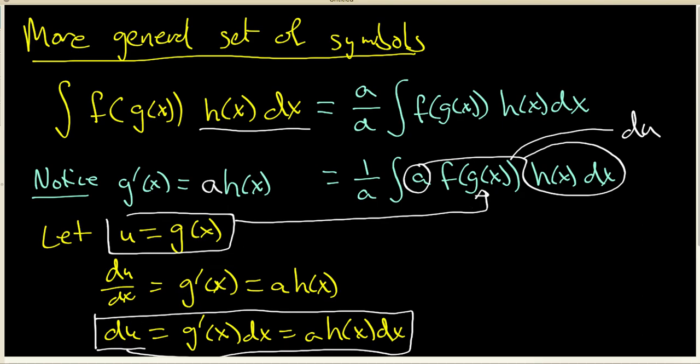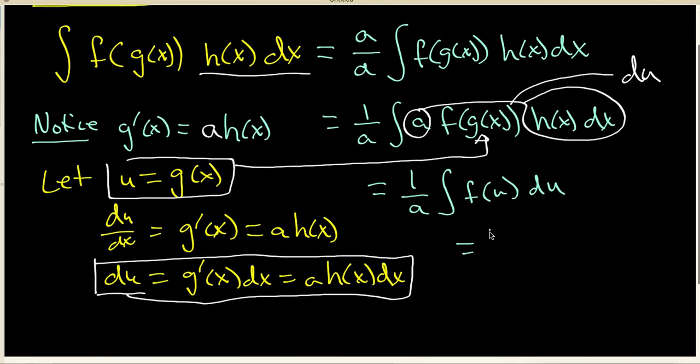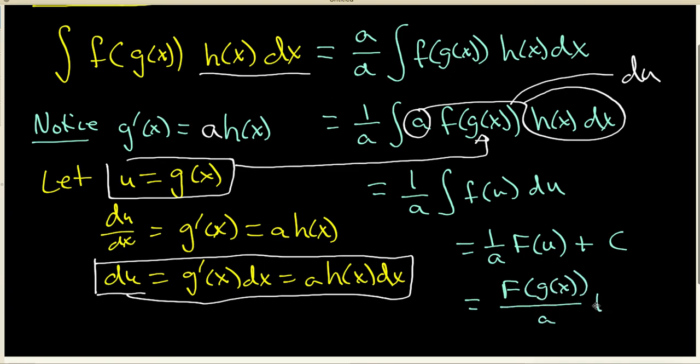When I do that, my integral becomes 1 over a times the antiderivative of f of u du. That goes back to whatever the antiderivative for f is, which I'll write as capital F. So we have capital F of u plus c. Then our final answer will be capital F, the antiderivative of little f, evaluated at g of x, divided by a, plus a constant.